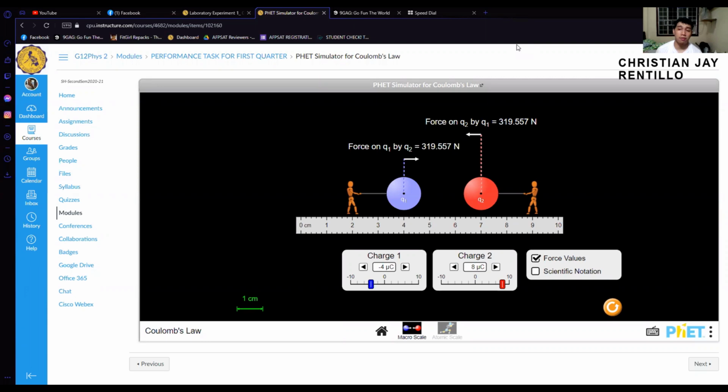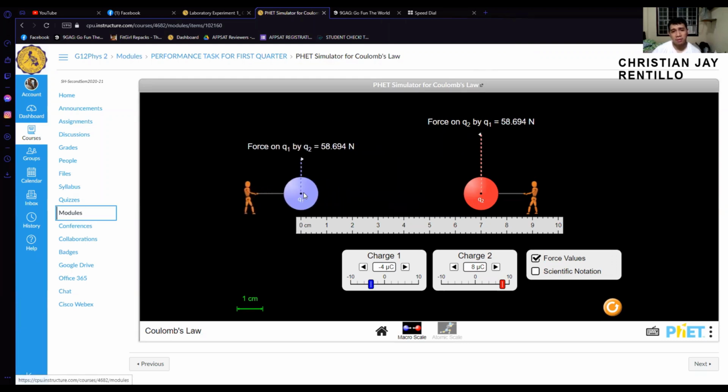And our value of F will depend on the values of Q1 and Q2. So for our distances, we'll make it very simple and we'll have a distance of 7 centimeters. And for our nanocoulombs or charges, our Q1 charge will be positive 8 while our Q2 charge will remain the same.